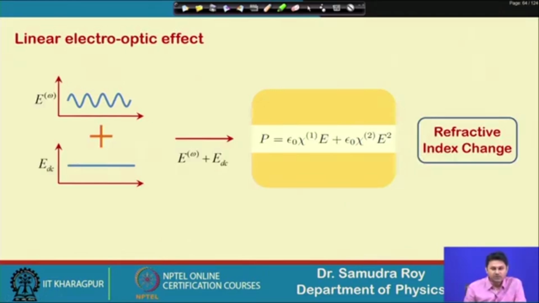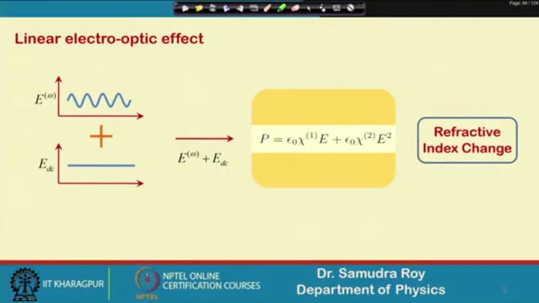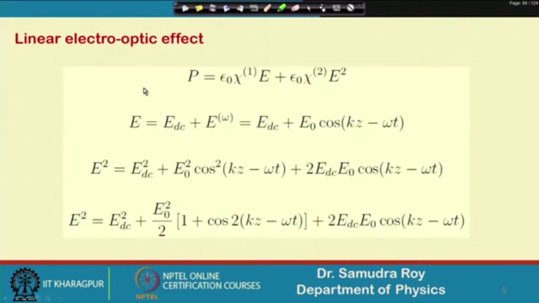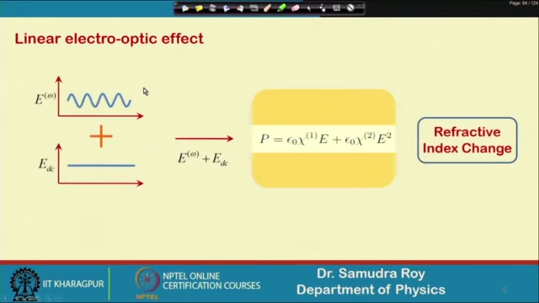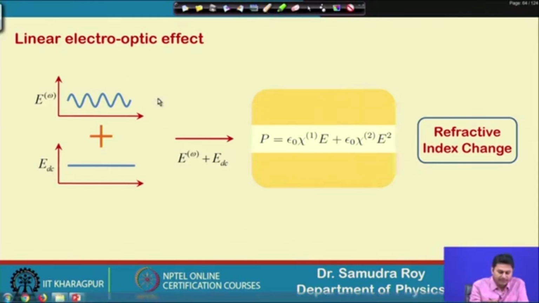In the linear electro-optic effect also, we need to understand what it is. In this slide we can see that when I launch an electric field E omega, and a DC field, which, since it is DC, should not change with respect to time, it is nothing but a straight line.